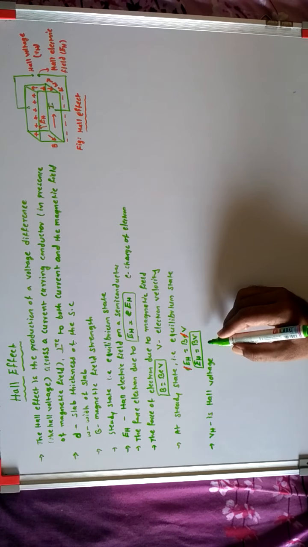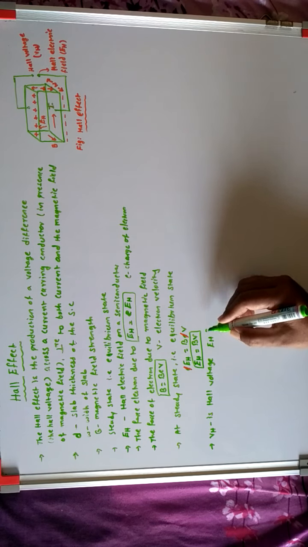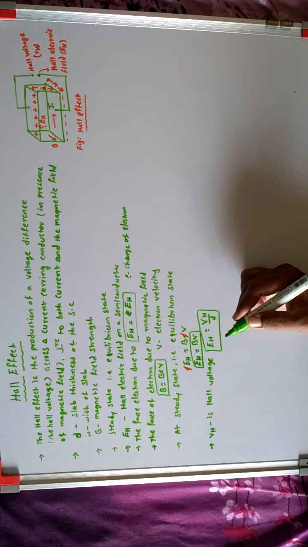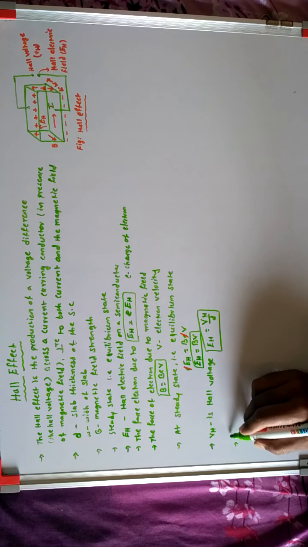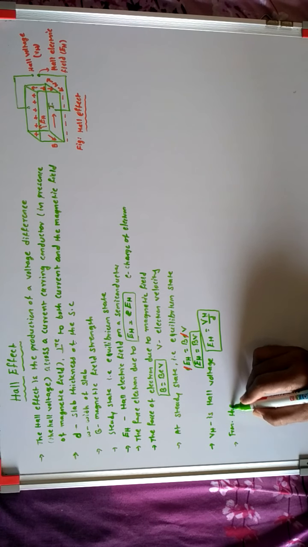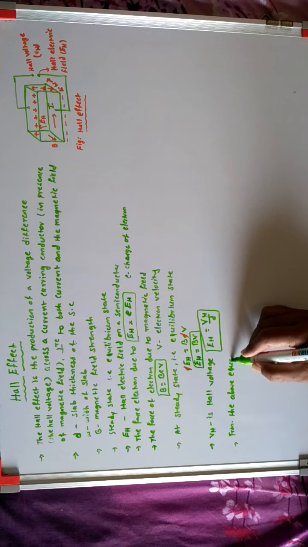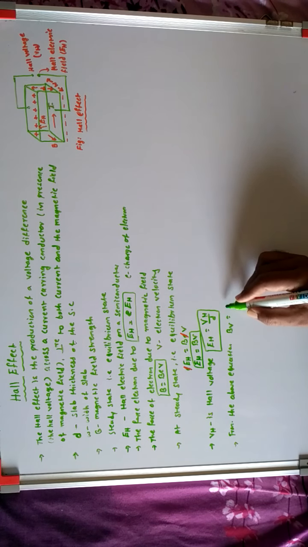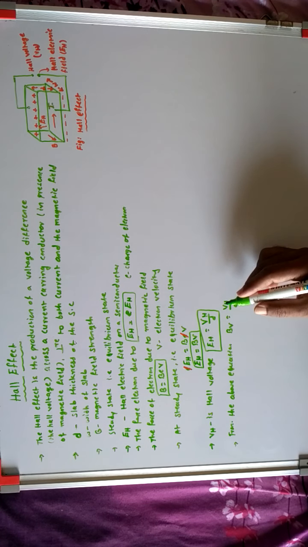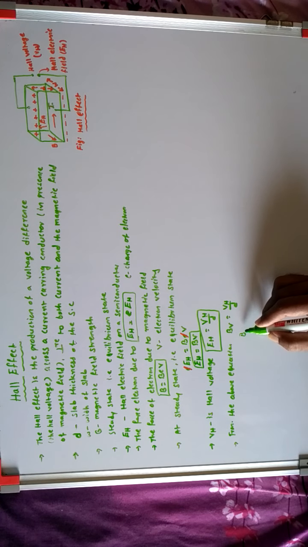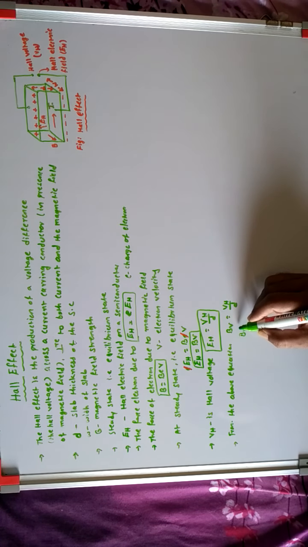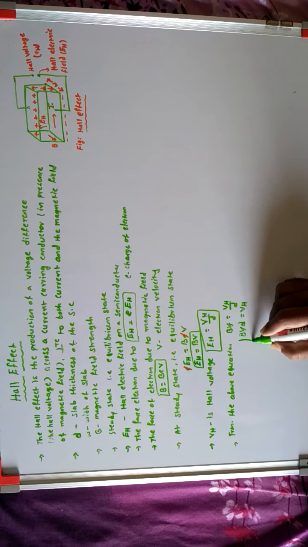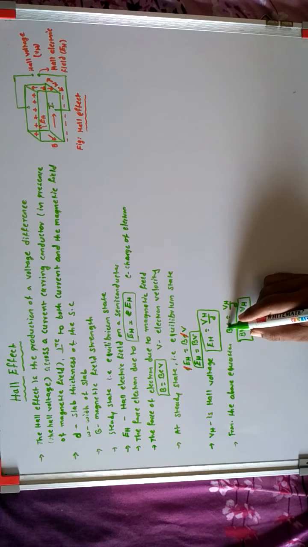VH is the Hall voltage, and EH equals VH by D. From the above equation, EH is BV, that equals VH by D. Therefore BVD equals VH.